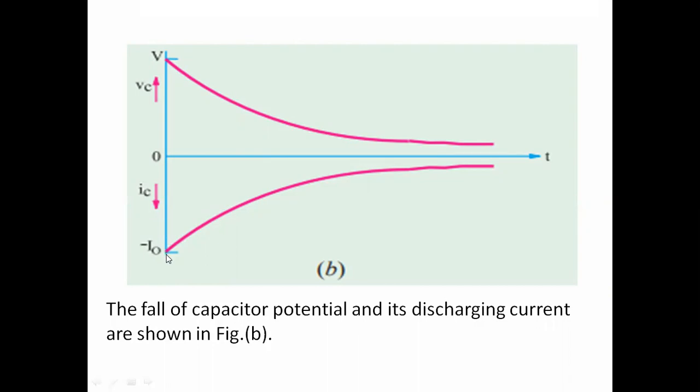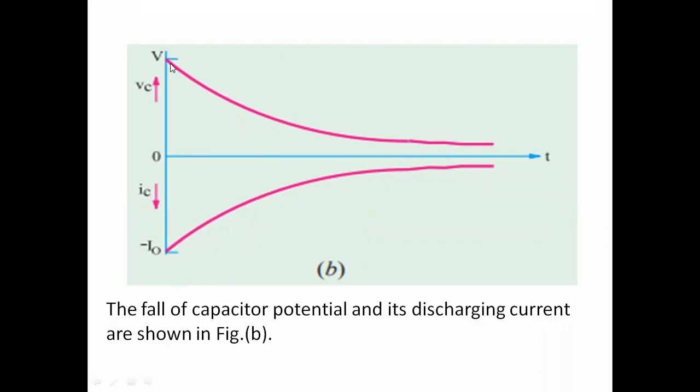The current through the resistor is showing minus I0 because it is in the opposite direction to the actual charging current. That's why it has a negative maximum value. It will reach 0 finally as time t equals infinity; at t equals infinity, the current reaches 0.